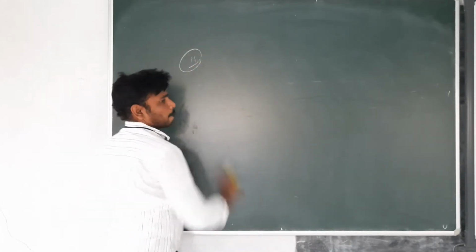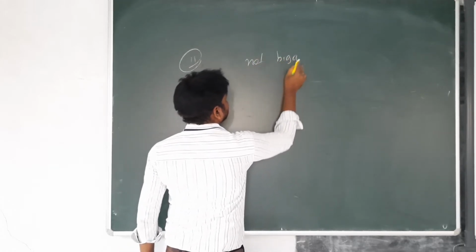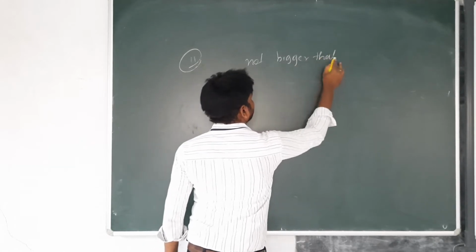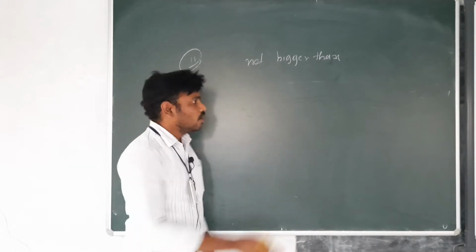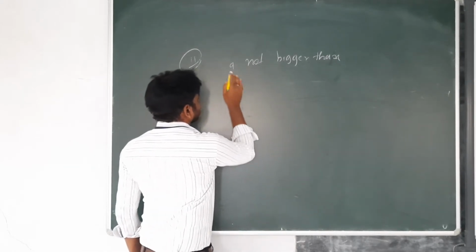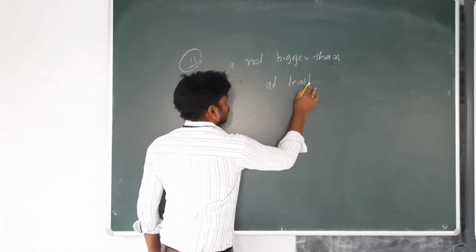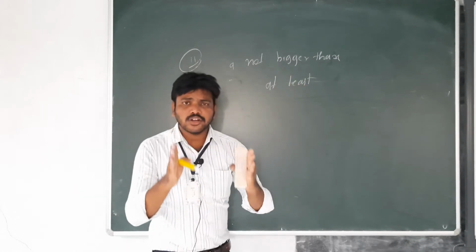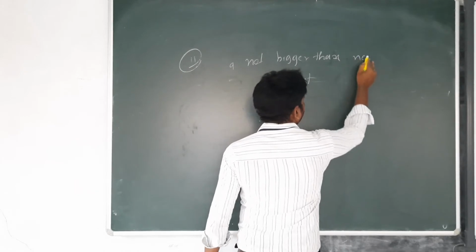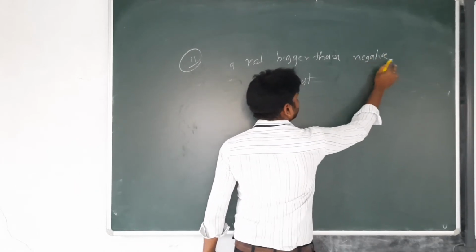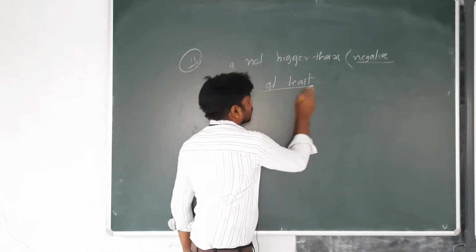Second one, not bigger than. If comparative degree shows a negative sentence, then when we change to positive sentence, we should use at least.